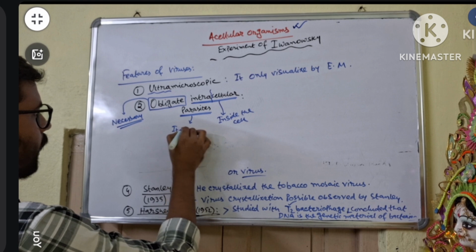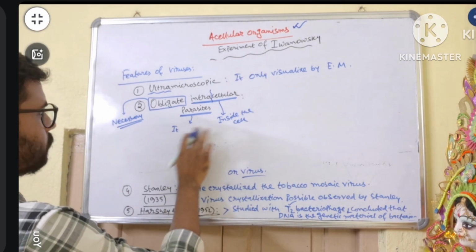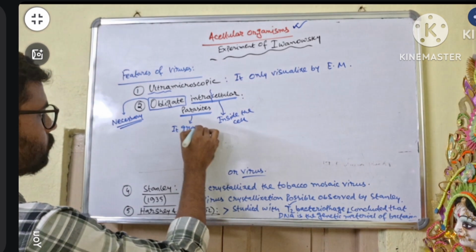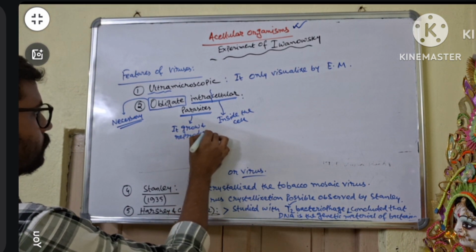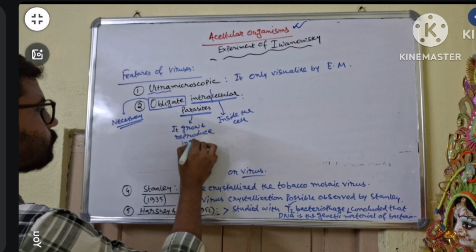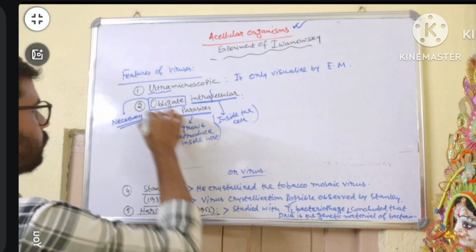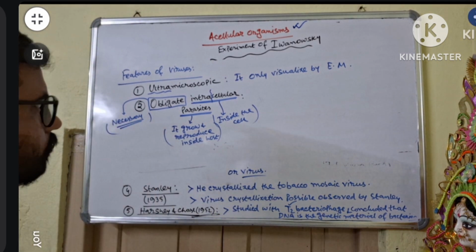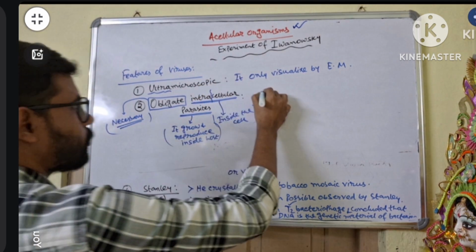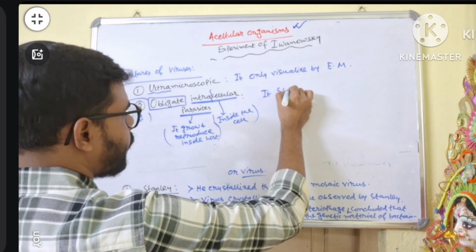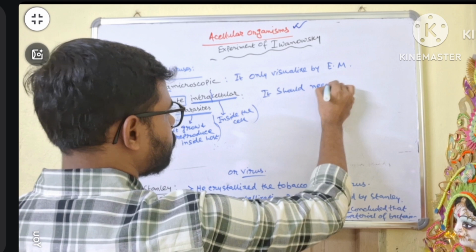So it grows and reproduces inside the host. Now combine together and form the sentence. Obligate intracellular parasite means it needs a healthy host for its survival. Yes or no?